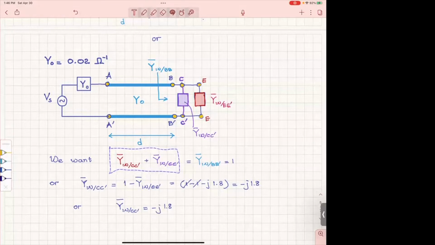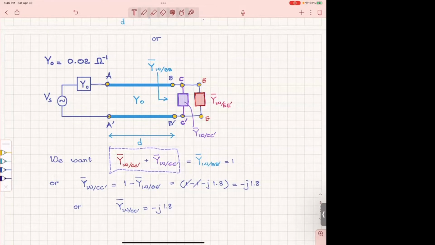The Smith chart cannot give you the parallel combination of two impedances. It can give you the parallel combination of two admittances. It cannot give you the series combination of two admittances. It can only give you the series combination of two impedances, all right? So if we add a stub in series, or anything in series, then we use impedances.